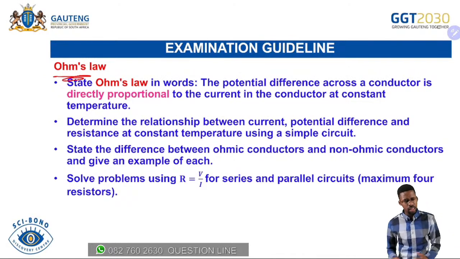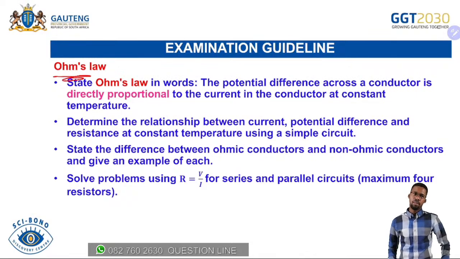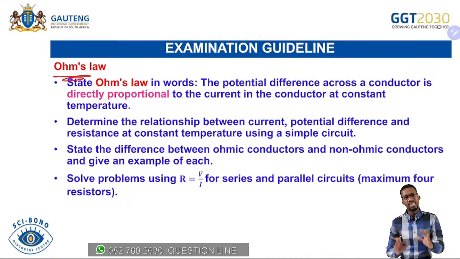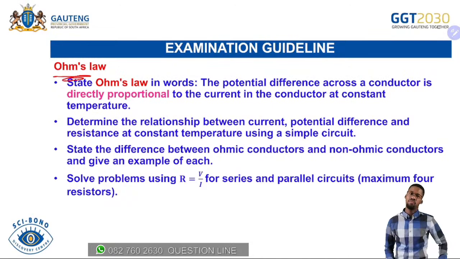Ohm's law tells us about this triangle relationship between the current, potential difference, and resistance. So when we talk about Ohm's law, we are referring to the current, the potential difference, and resistance. It tells us how these three concepts behave.